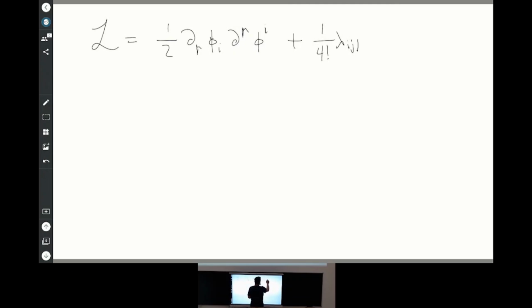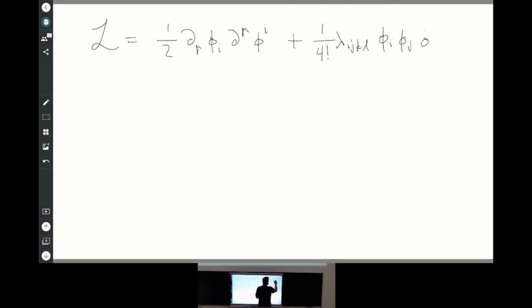Now, unfortunately, I won't be able to answer this question, whether the flow is gradient, in full generality in 4 dimensions, but I will be looking at a specific theory. So this is some standard phi to the 4th theory.